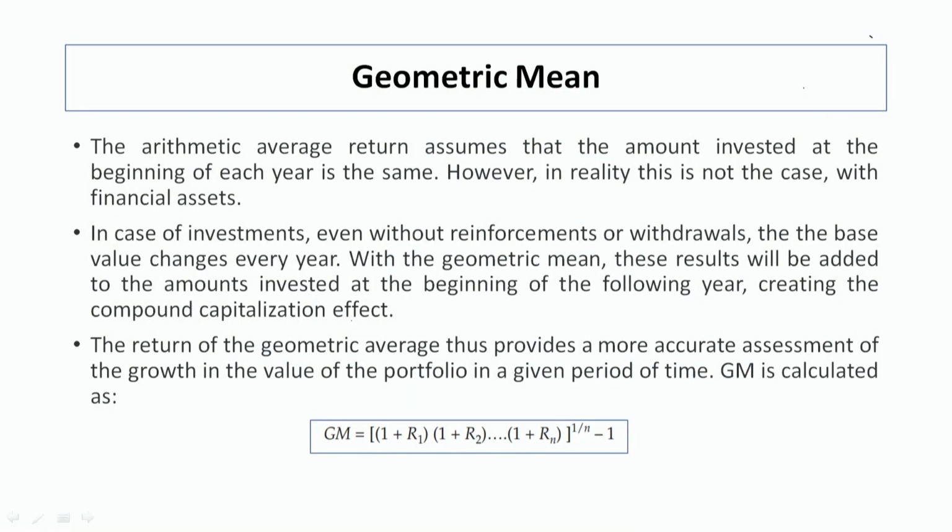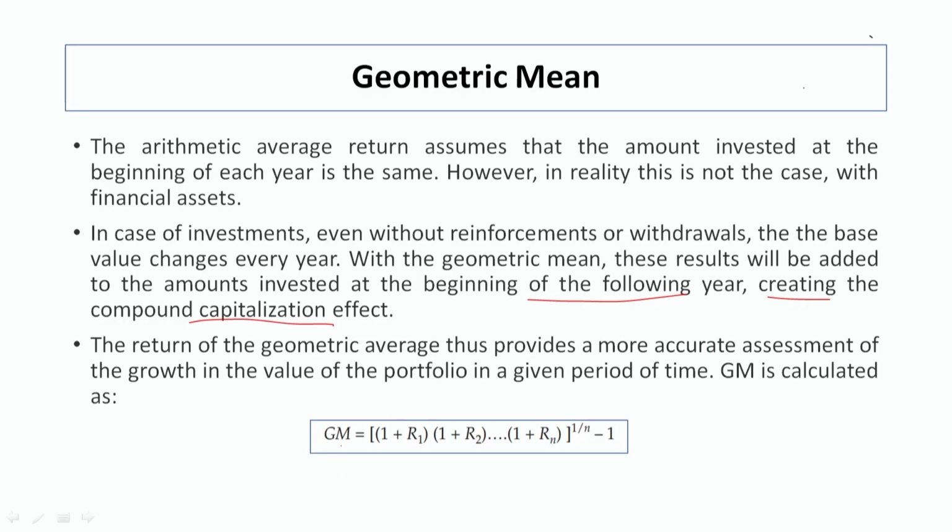Geometric mean considers that particular thing. With the geometric mean, these results will be added to the amount invested at the beginning of the following year, creating the compound capitalization effect, which is not possible in case of arithmetic mean. So, the geometric average return thus provides a more accurate assessment of the return, because we can focus on the growth value of the investment.